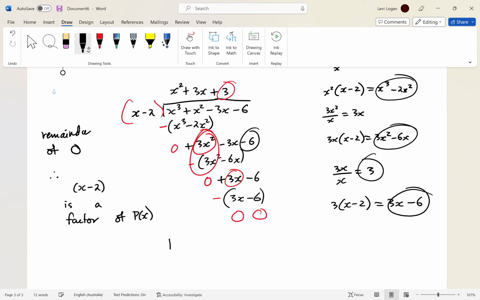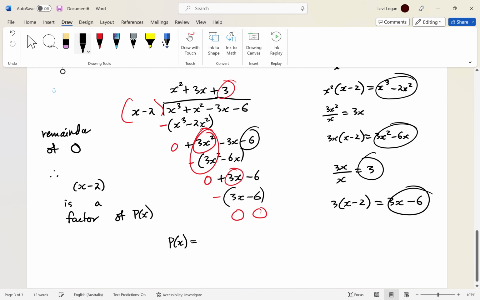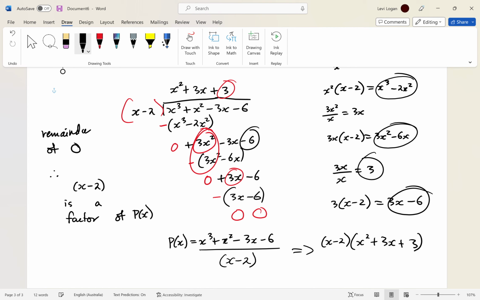So p of x was written like this, which is x cubed plus x squared minus 3x minus 6. We just divided this whole thing by x minus 2, and we got this. So we got x minus 2 multiplied by x squared plus 3x plus 3. Right? This whole thing here is the same as this whole thing here.